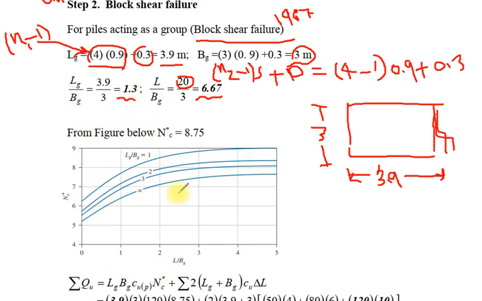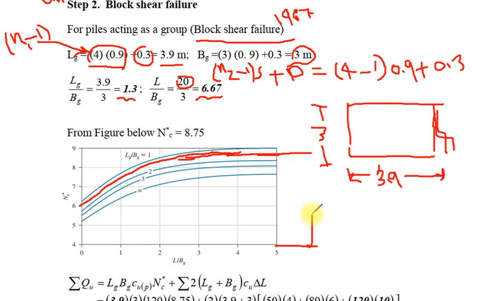For L over BG equal to 6.67, which is greater than 5, and LG over BG equal to 1.3, between 1 and 2, this curve behaves like the other curves at 3 or 4, giving us a constant result, and we continue here.